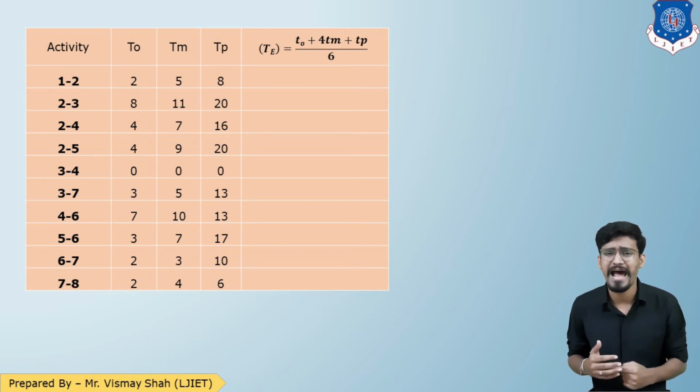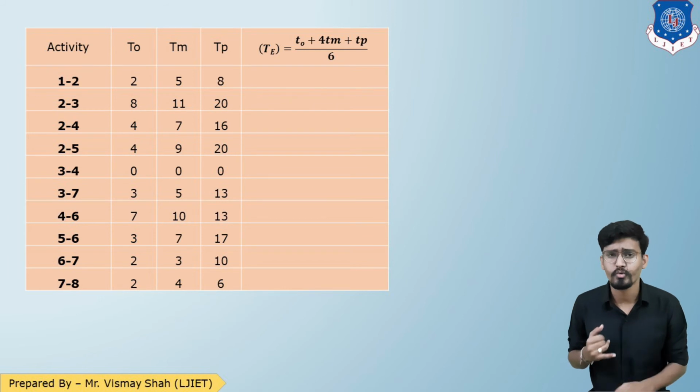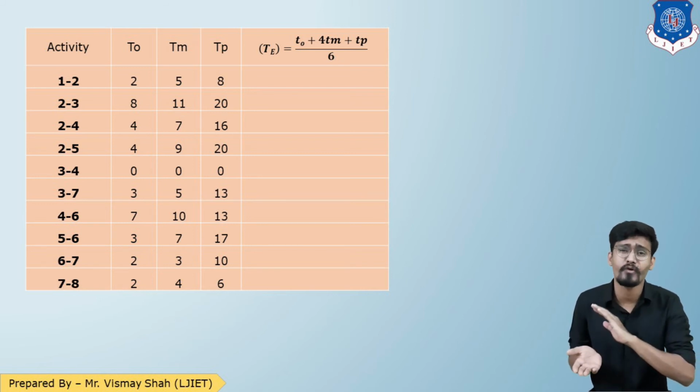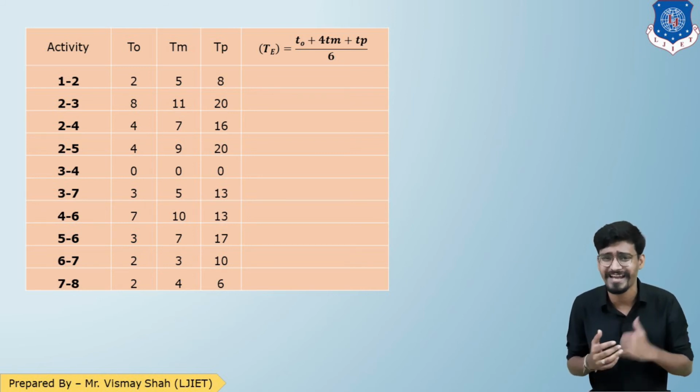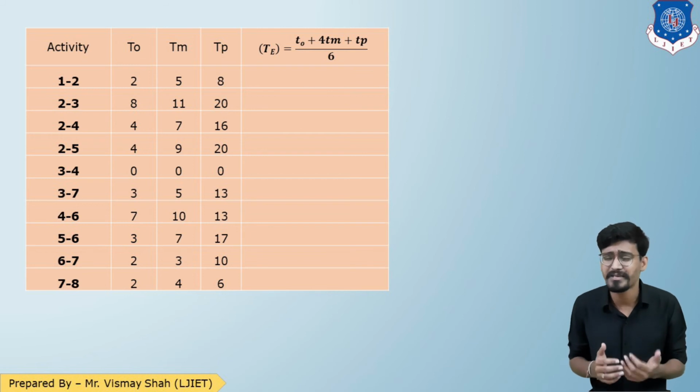So by using the formula, for activity 1 it will be 5, for activity 2 it will be 8, for activity 3, pardon me, when I talk about activity 3, that is 1-2, 2-3, 2-4. So for activity 2-4, that will be 8, so pardon me, 12. For 2-3, it will be 12, 2-4 it is 8, 3-4 that is a dummy, so 0.